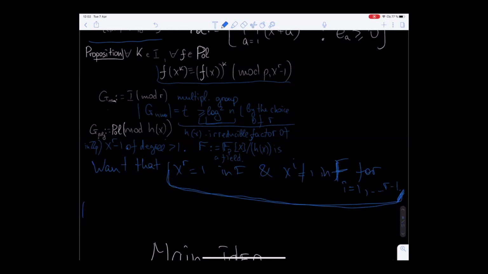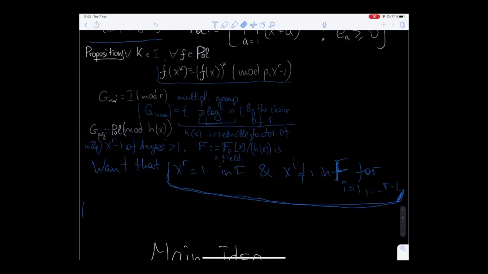So this is the final field of order P to the R minus 1, because its multiplicative group should have an order divisible by R. I guess it's the degree of H, really. It's P to the degree of H. Yeah, the order of it would be P to the degree of H, of course.